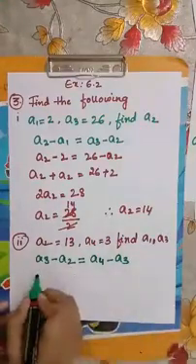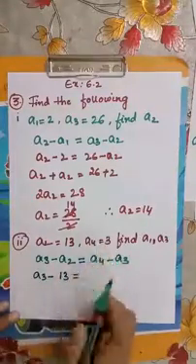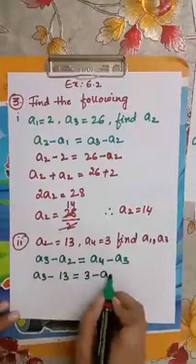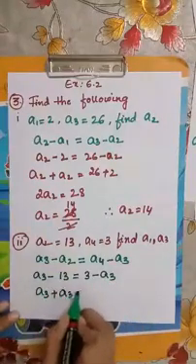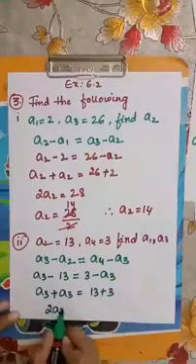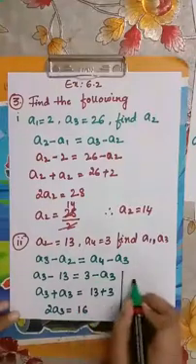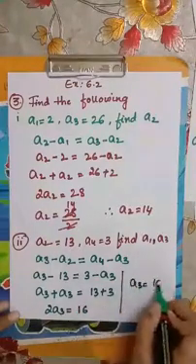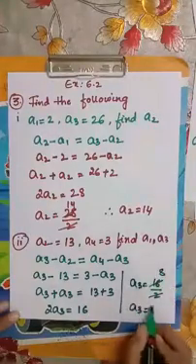So A3 minus 13 is equal to A4, given as 3, minus A3. A3 को एक जगह कलेक्ट कर लो. A3 plus A3 is equal to 13 plus 3. 2A3 is equal to 16. So A3 is equal to 16 by 2. 2 ones are 2, 2 eights are 16. A3 we got as 8.